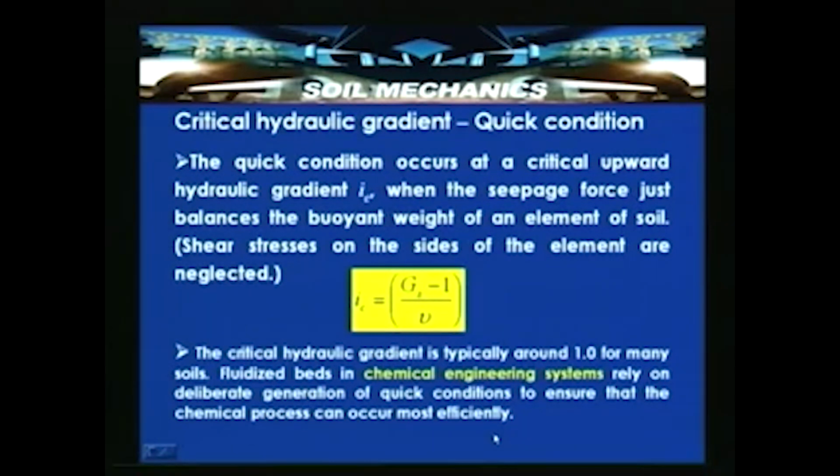So, fluidized beds are designed in such a way that this quicksand condition occurs and creates agitation of the particles, so that the chemical process can occur more efficiently. So, it has merit in that it can accelerate the chemical process in fluidized beds.